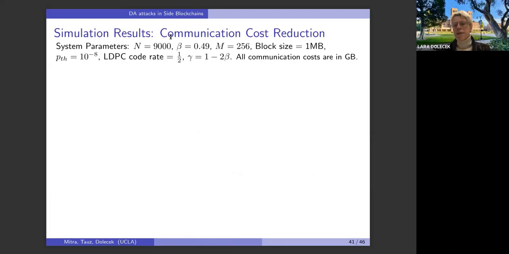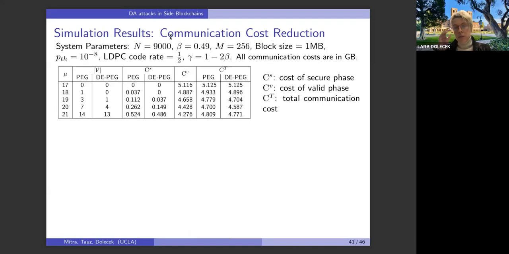Code rate is 1/2, and the best we can do in terms of gamma is 1 minus 2 beta. And so what this table shows is we are now looking at this set V that covers as many stopping sets as possible. So our construction shows a bit of an improvement over the PEG, but that does indeed help.